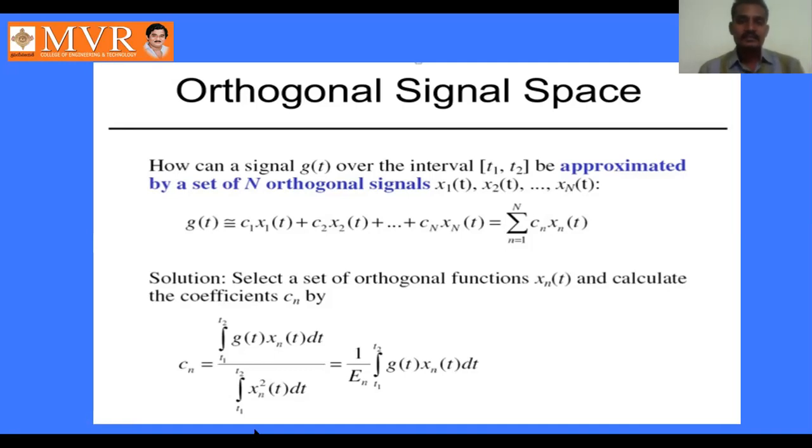That's why here the formula is changed: the coefficient cn is equal to integral t1 to t2 of g(t) xn(t) dt divided by integral t1 to t2 of xn square(t) dt. Here the integral t1 to t2 of xn square(t) dt can be represented as en, the energy of the signal, so cn is 1 by en times the integral t1 to t2 of g(t) xn(t) dt.